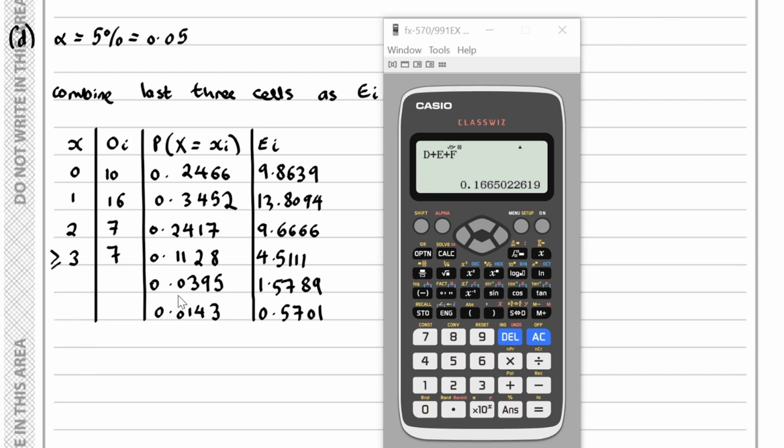And this over here is equal to these 3 added together, which I've just rubbed out, that's equal to 0.1665. And if I multiply that by 40, we end up with these 3 added together, which is, if I quickly work that out, 6.6601.